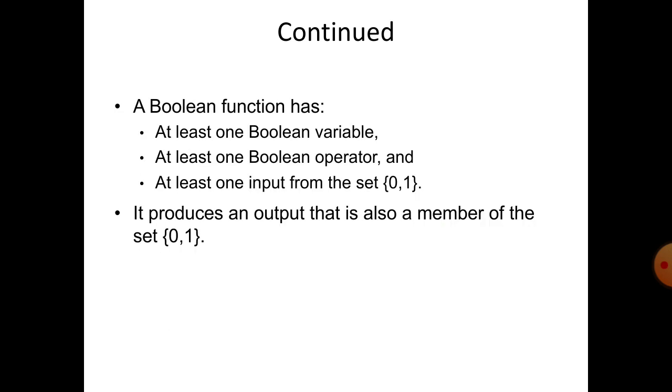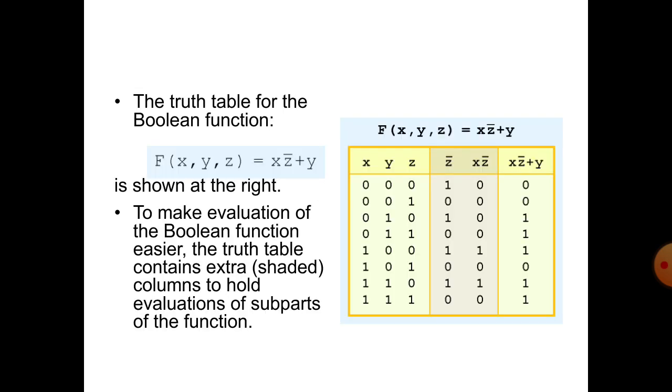A Boolean function has at least one Boolean variable, at least one Boolean operator, and at least one input from the set 0 and 1. It produces an output that is also a member of the set 0 and 1.